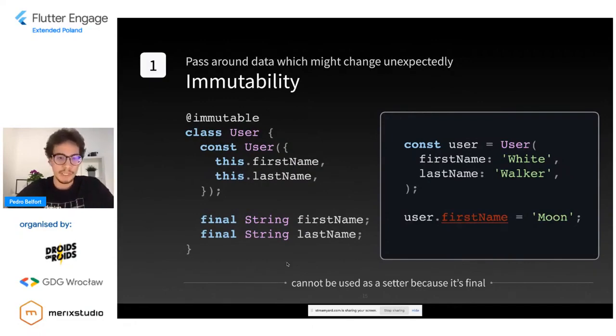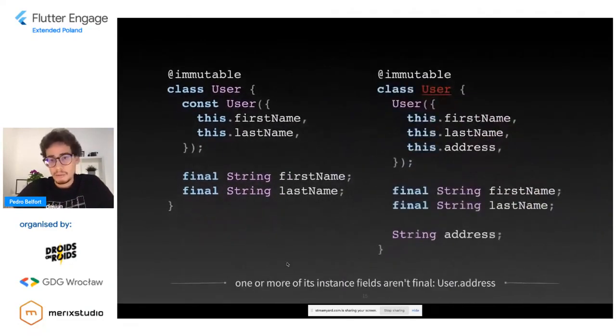What this is going to do is tell the developer that if you are including a new property that is not final, it's not supposed to be like that. So one or more of these instance fields aren't final, in this case, user address. But be aware, this is not enforcing anything.